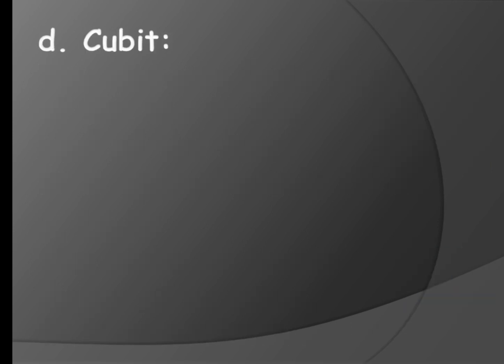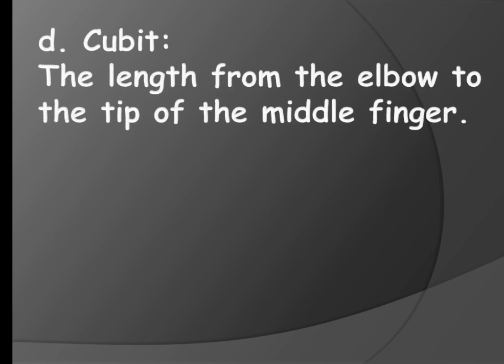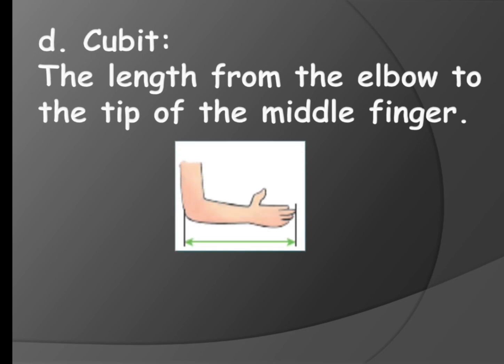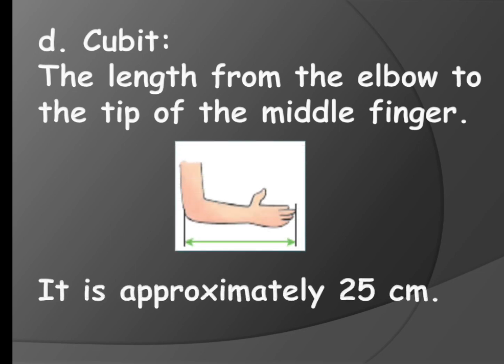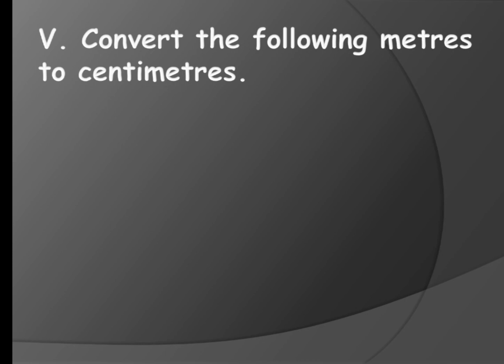Okay, next you have cubit. Cubit is the distance from the tip of your middle finger to your elbow, isn't it? So you'll write that it is approximately equal to 25 centimeters. Okay, so for these you need to learn the definitions and the approximate equal. In this you might get any one. Okay, learn it, children.